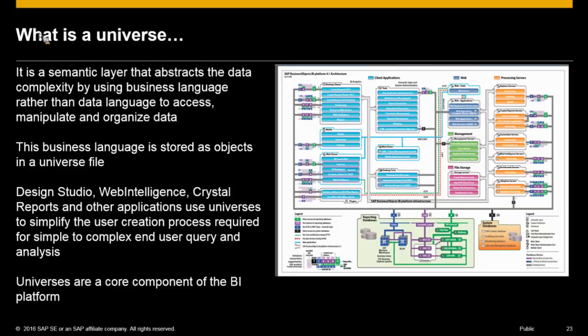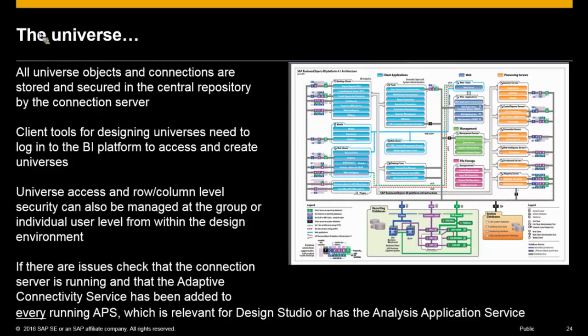So in this diagram, we can see the BI platform 4.1 architecture. So you can see how this fits in with your reporting databases. All of your universe objects and connections are stored and secured in the central repository by the connection server.